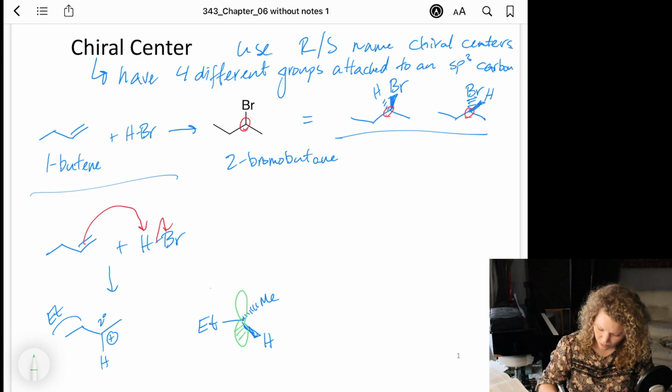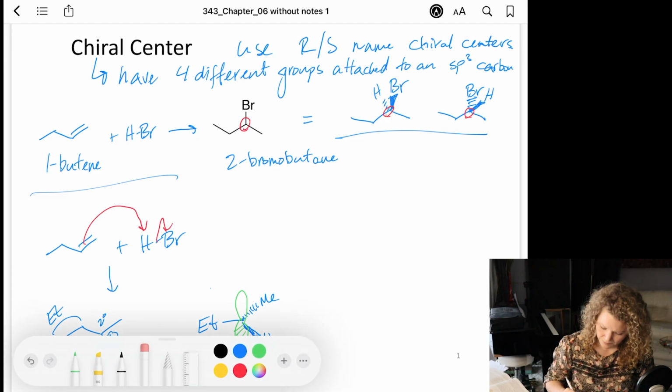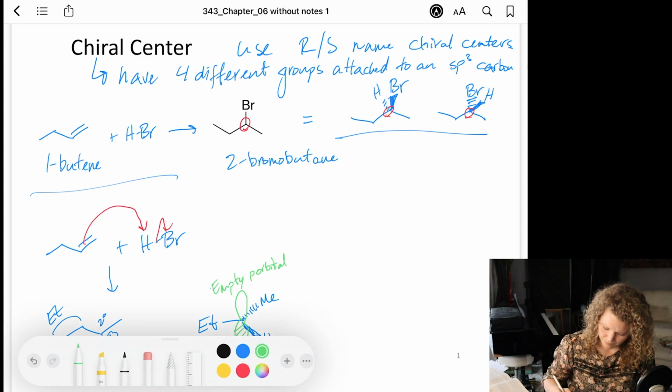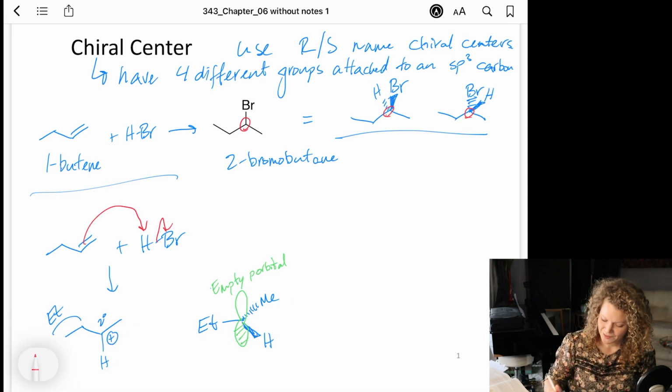Our empty p orbital can be attacked with this bromine.